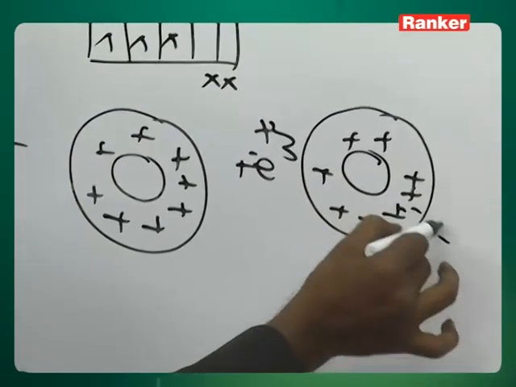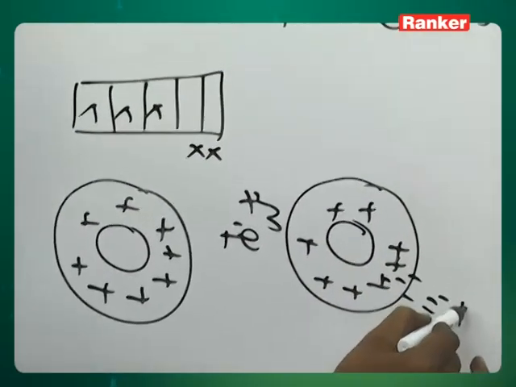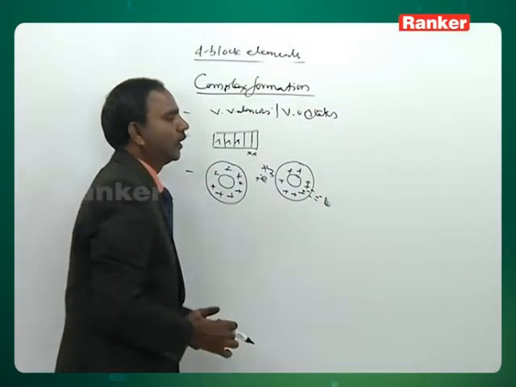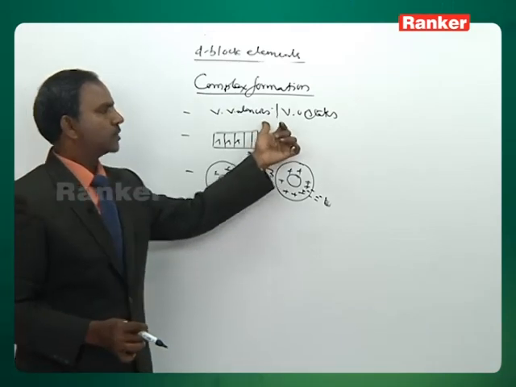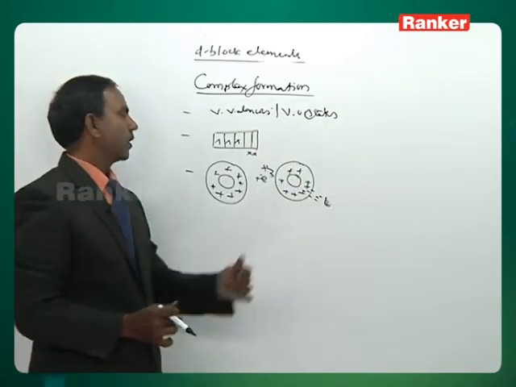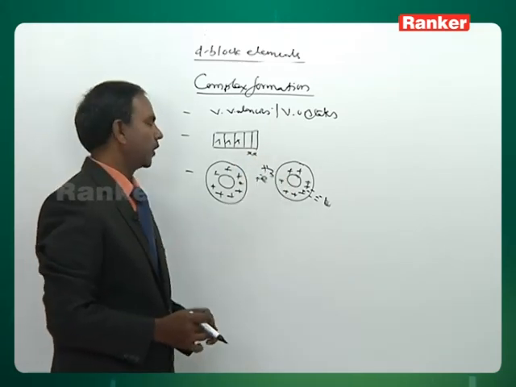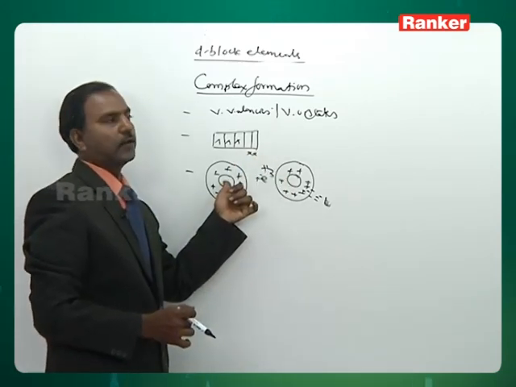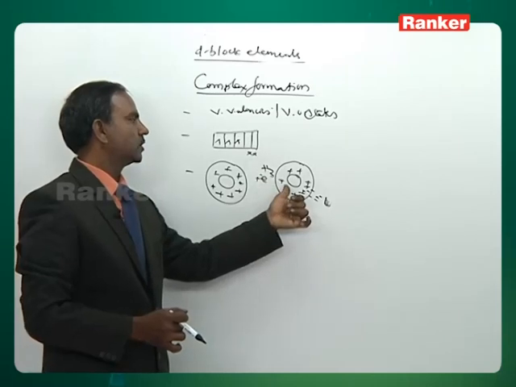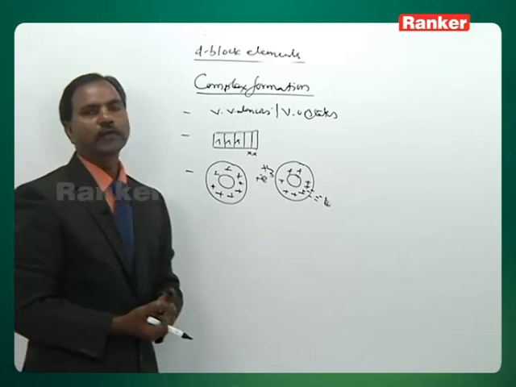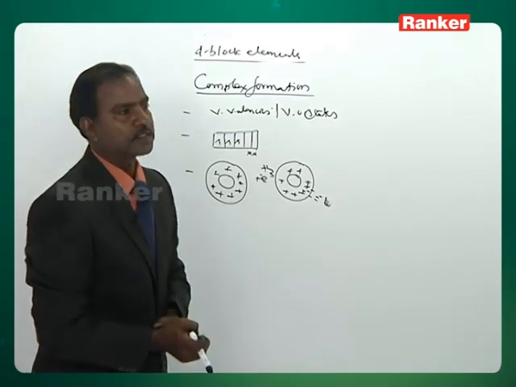It can easily exert an electrostatic force on the ligand. Therefore, variable valencies, variable oxidation states, unpaired electrons in d orbitals, incompletely filled d orbitals, smaller size of their cations and greater charge densities are the reasons why these d block elements easily form complex compounds.